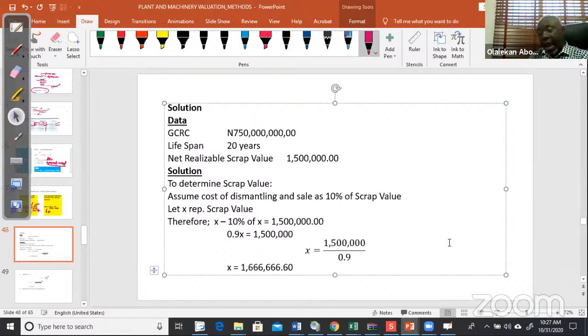However, your steps might still be right. It depends on the marking scheme. You might still be okay. But now, what are you supposed to do? Scrap value is different from net realizable scrap value.